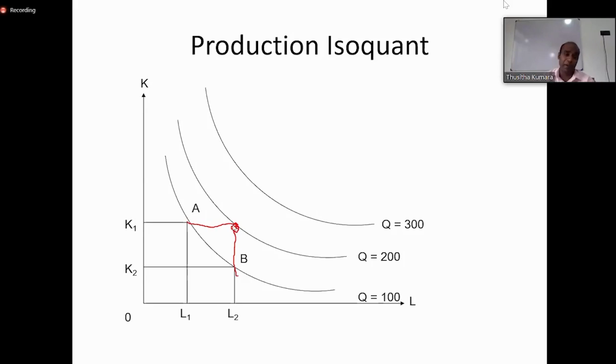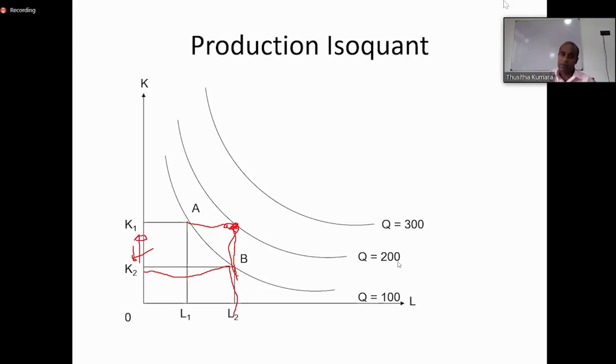The same can happen if you keep labor fixed, increase labor to L2, then decrease K1 to K2 if you are keeping the same output level. Now, if you keep L2 fixed and increase K to K1 like this, then we get into a new output level, which is Q equal to 200.